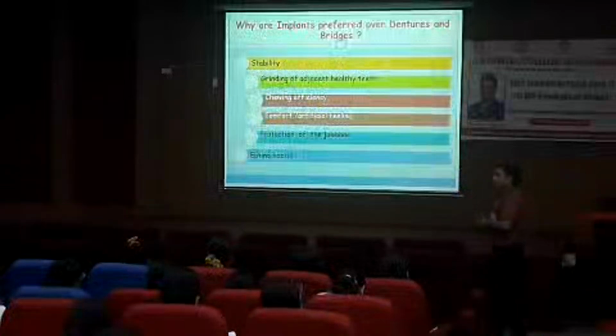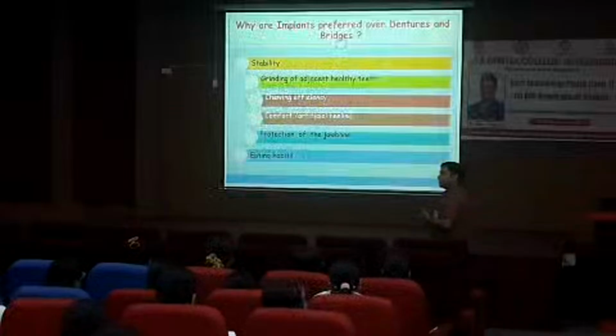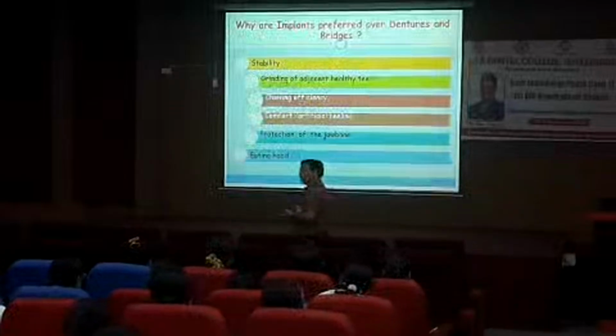Second, chewing efficacy. Chewing efficacy in RPD is less, denture and the implant. The implant has the same chewing efficacy as compared to the natural teeth. According to the literature, it is 80% more as compared to the RPD and 70% more as compared to the crown and bridge. Then protection of the jawbone.